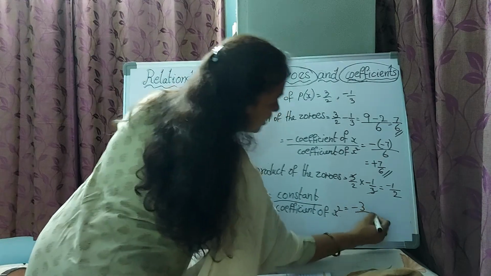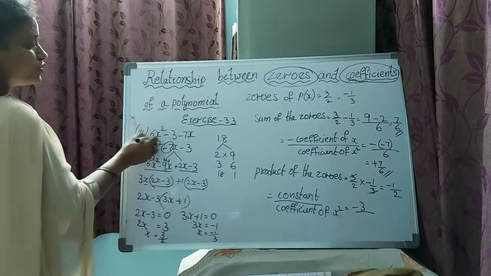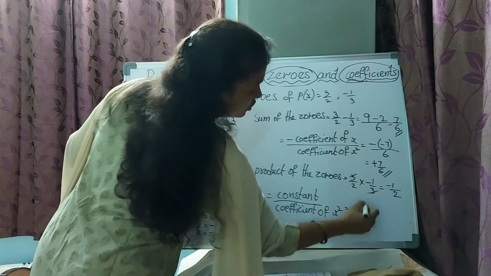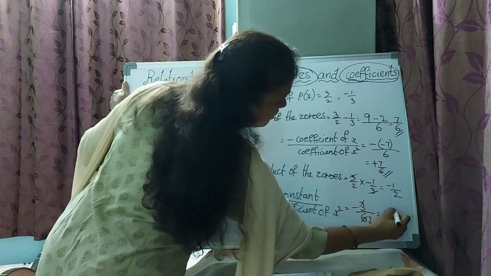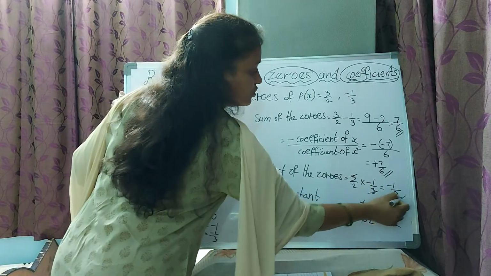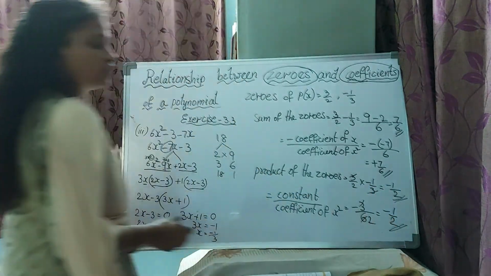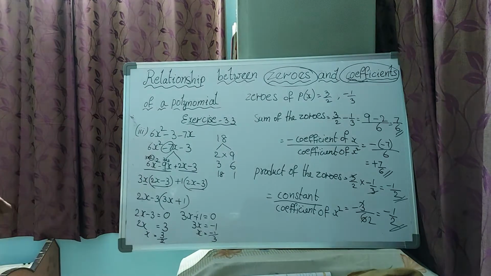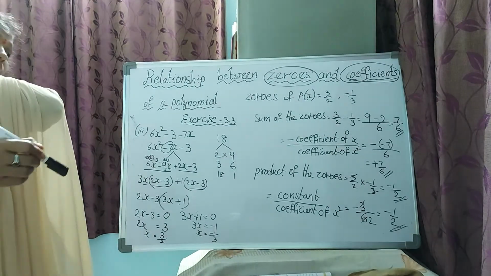Minus 3 by, what is the coefficient of x square? 6. So 3 1s are 3, 3 2s are 6. So minus 1 by 2 is the answer. So both are the same. Product of the zeros is minus 1 by 2, and according to the constant and coefficients also it is the same, minus 1 by 2.